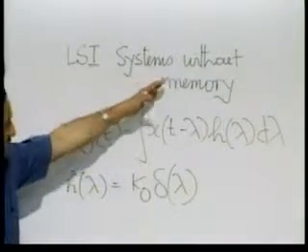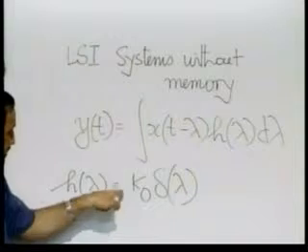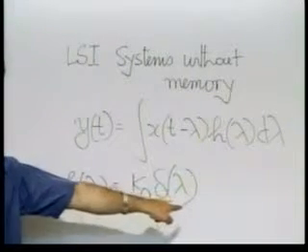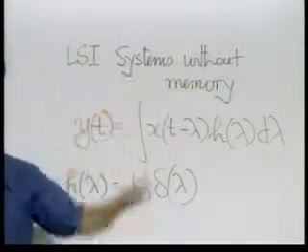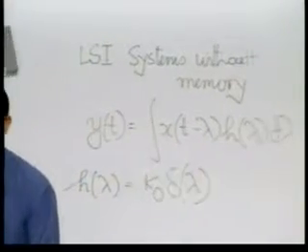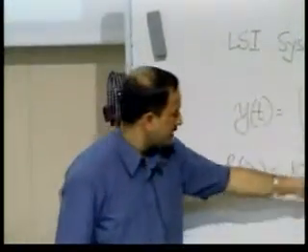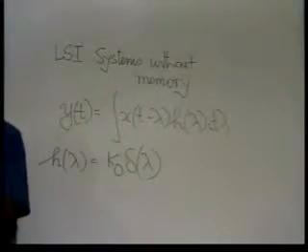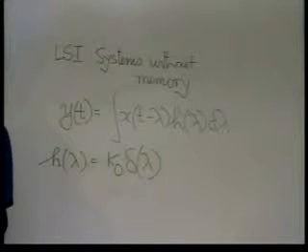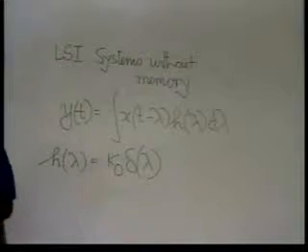So if an LSI system has no memory, then h(λ) is a multiple of the unit impulse. Naturally, if an LSI system has memory, then there are at least some additional impulses or spread in h(λ). So in h(λ) there is not simply a unit impulse, it is anything more than that, has memory, right?